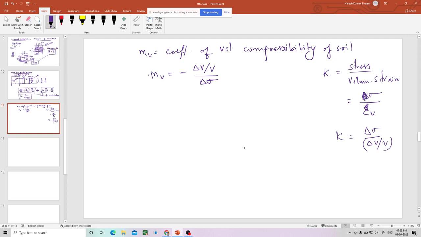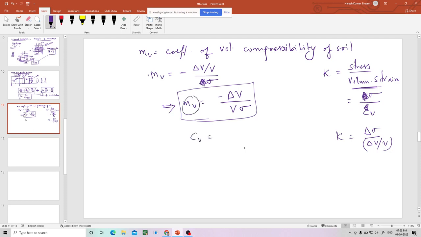This is the stress which is there, due to which the change in volume is happening. Now this is how MV equals delta V by V sigma. This is what the coefficient of volume compressibility is. So now you know the term MV, and you know the term CV, the coefficient of consolidation, K by MV into gamma W, right?